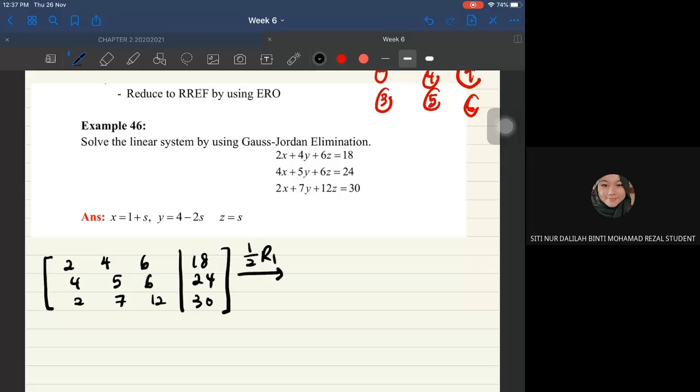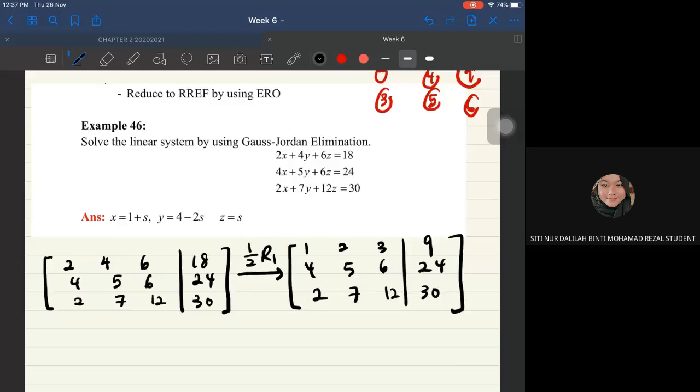Kalau ada soalan tanya ya. So 1/2 R1. So therefore I will have 1, 2, 3, 9, 4, 5, 6, 24, 2, 7, 12, 30.